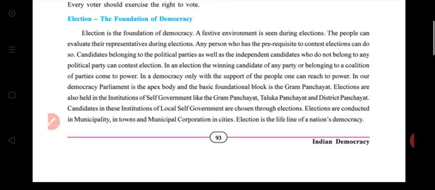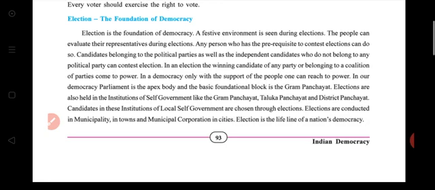Any person who has the prerequisite to contest the election can do so, and the whole environment is like one festival, right?